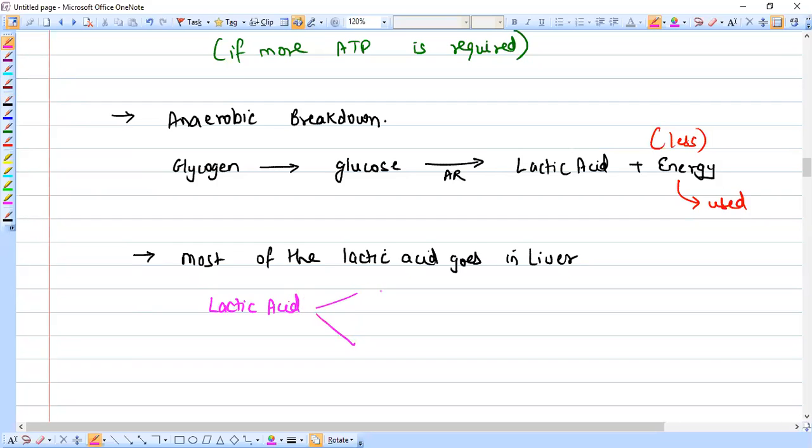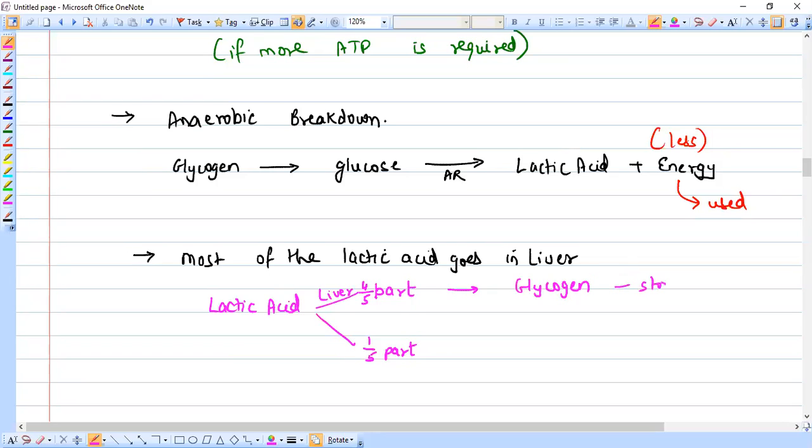So 4/5 part will travel in the liver, but 1/5 part will not go in the liver. The 4/5 part will be converted into glycogen again, and this glycogen will then be stored.